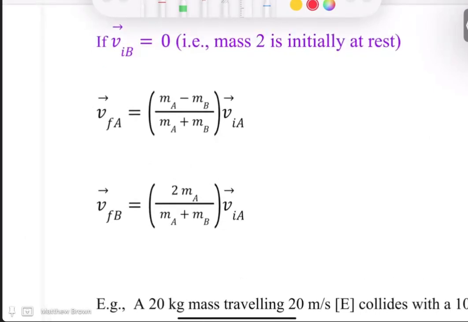Remember, I made the claim that the big mass would be pretty much unaffected. So you can consider what happens to this equation if mass B is essentially 0 compared to mass A. These two terms cancel, mass A over mass A is 1. So V final of mass A would basically just be V initial of mass A. It approaches being completely unaffected.